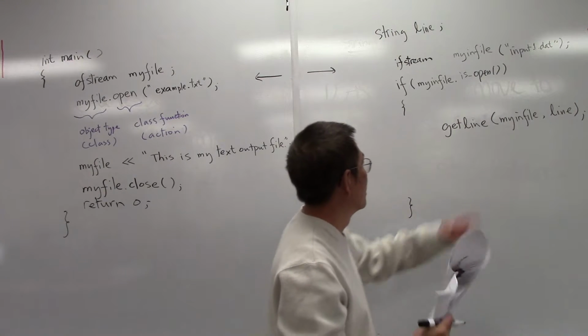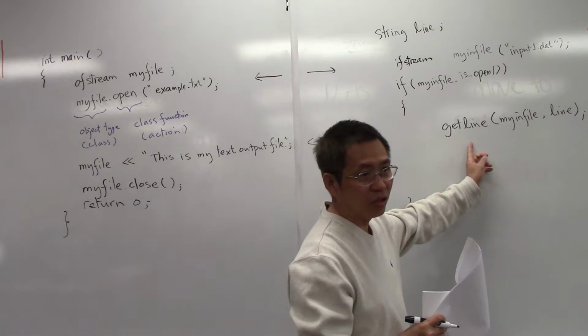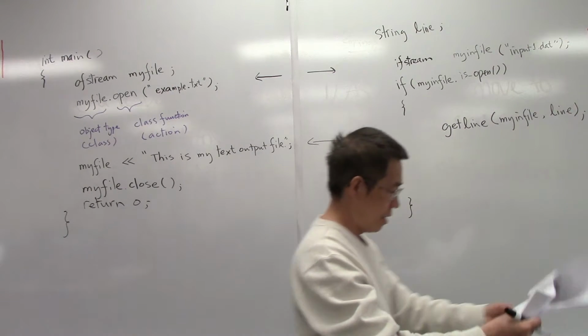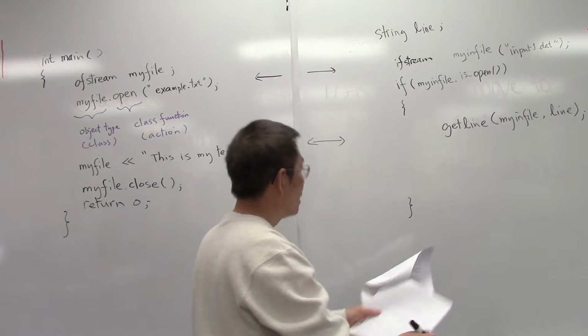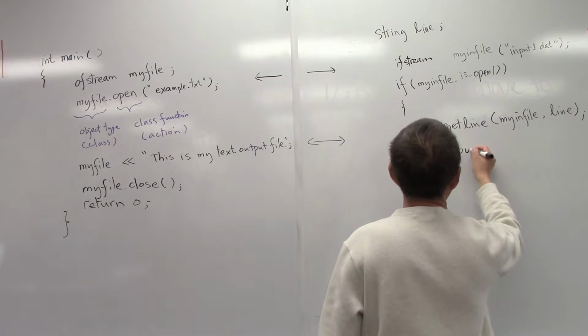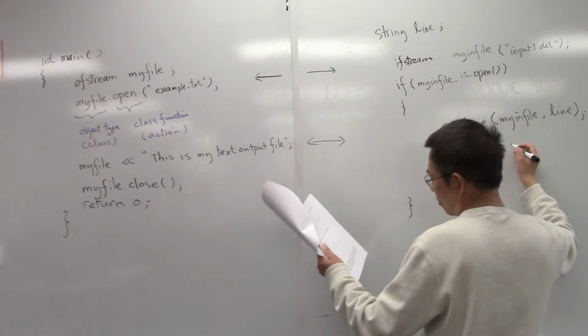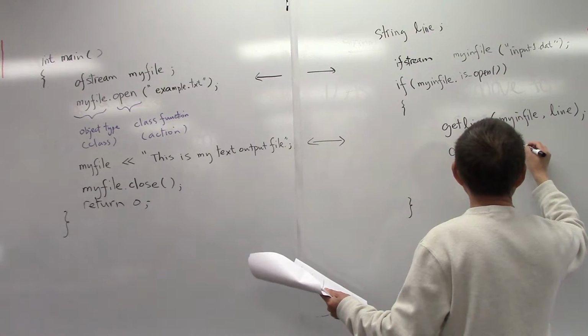Again, remember this get line action is going to get one line from the file and put it here. And now you can print this just to check it gets exactly what we want on the screen.